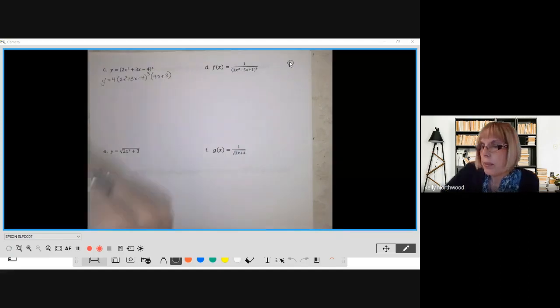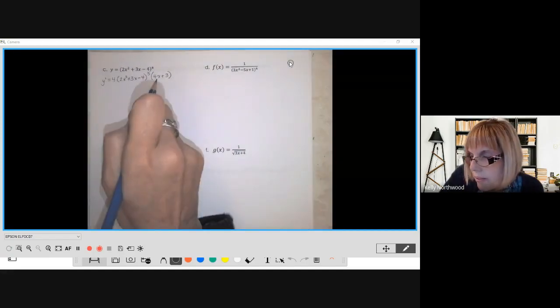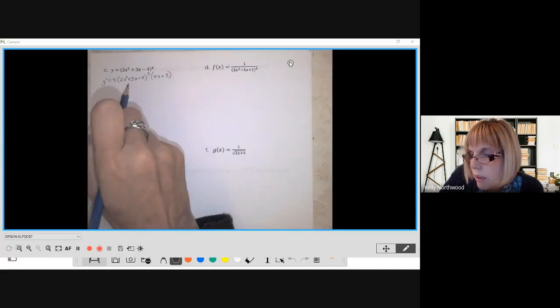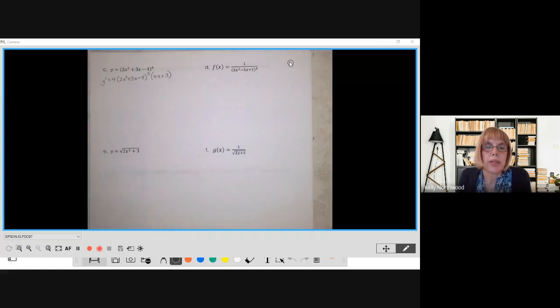And that would be the answer in the back of the book. Sometimes they might have the factor 4x plus 3 before the 2x squared plus 3x minus 4 cubed, but I don't care which order you put those in.